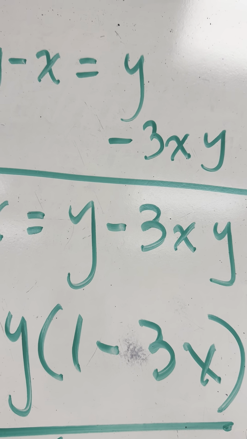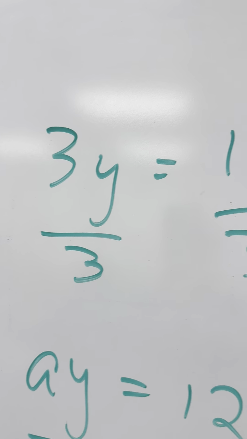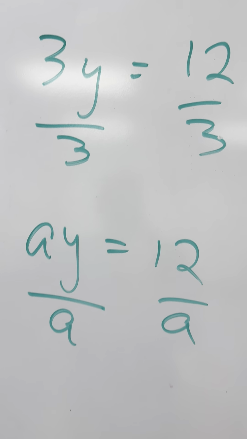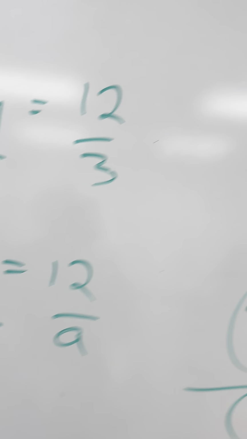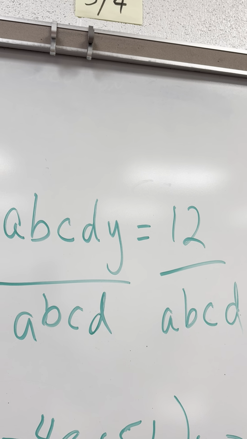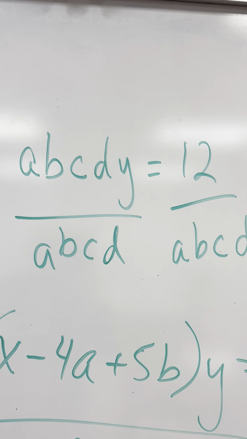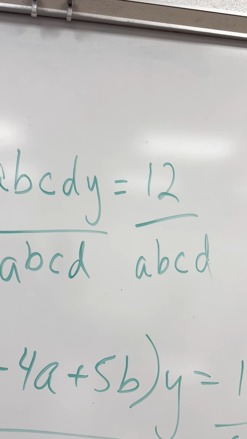Okay? Now, before I go any further, I'm going to say, remember this here. If I have 3y, divide by 3. ay, divide by a. abcdy, I divide by abcd. What if I have x minus 4a plus 5b times y?